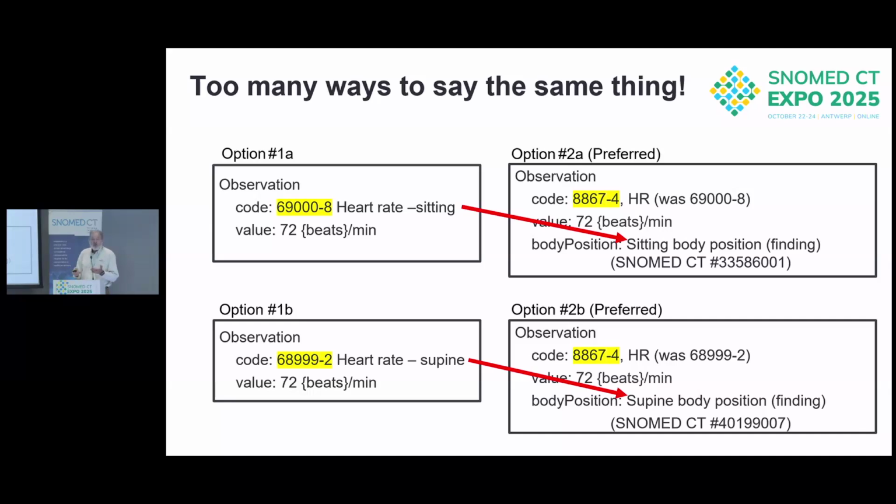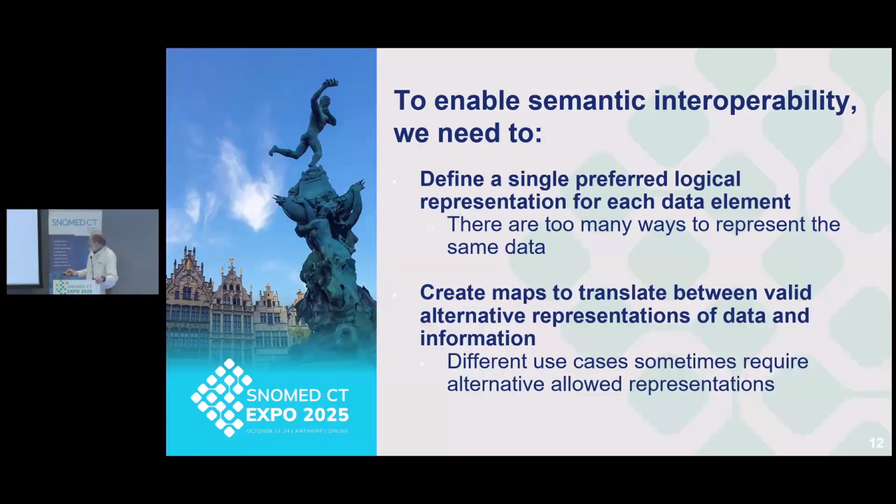Even though they're using SNOMED codes and LOINC codes, they still are not plug and play interoperable if you don't say something more. So what we'd like to do is define a single preferred logical representation, because there are too many ways. But then you need to create maps because, whatever you choose as the preferred way to represent the data, there are use cases that would say, oh, you need to represent it a different way.